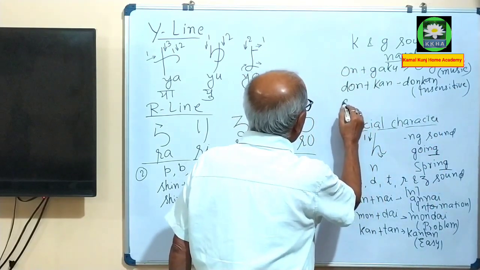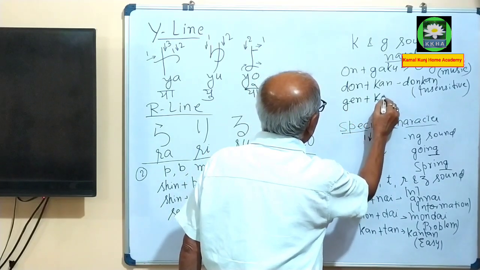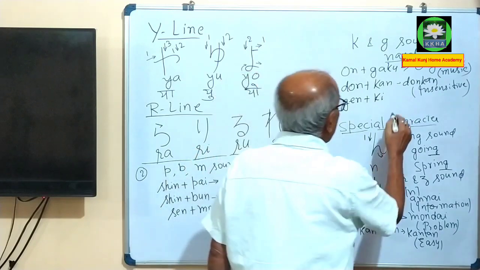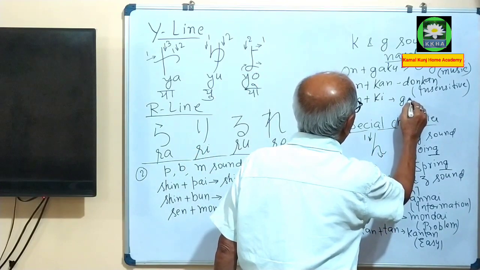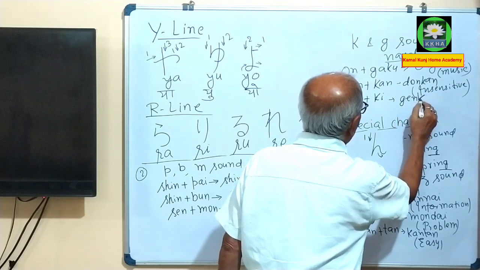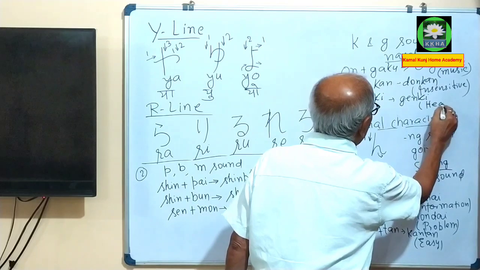Similarly, gen plus ki, followed by K sound, is pronounced as genki, with a nasal sound. Genki means healthy.